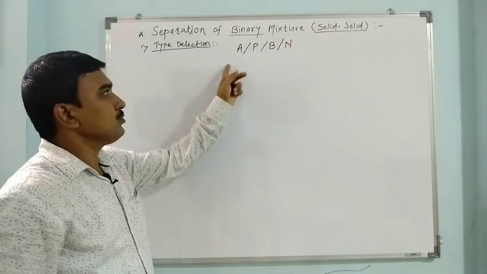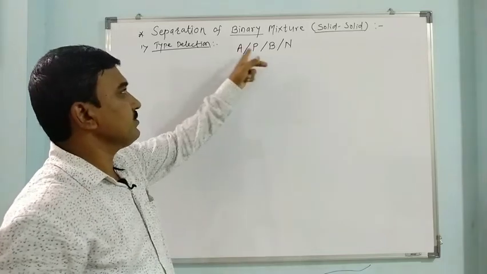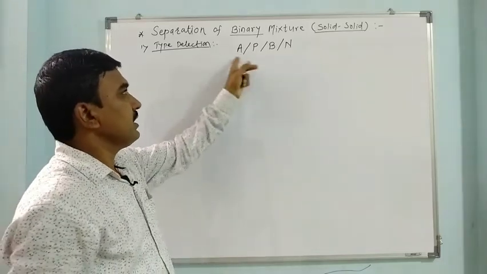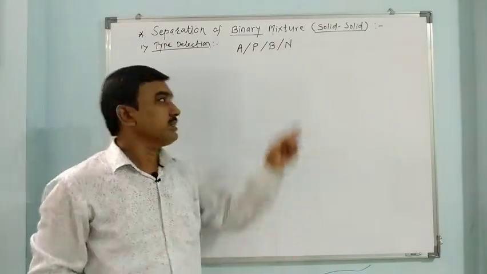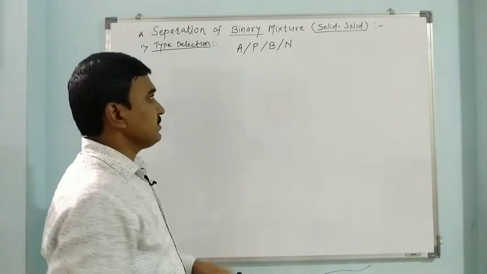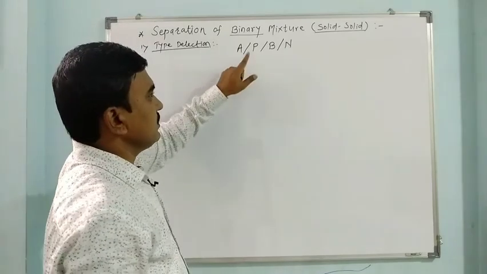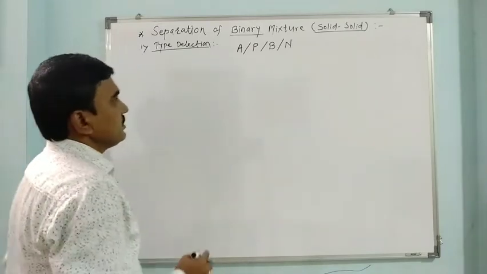So from these possible chemical types, the mixture may contain acid and phenol, acid and base, acid and neutral, base and phenol, phenol and neutral, or base and neutral. So these are the possible components in the binary mixture. Here we first see the chemical detection of the type by using different reagents.